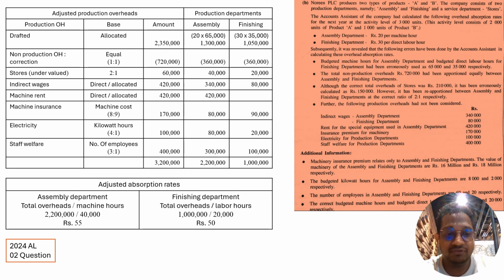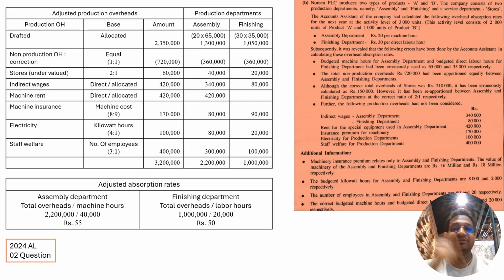And yes, now we have to do the production overhead question, and this is very interesting because this is very different compared to the last years, because here there is an error correction that you have to do. The accountant had already found the assembly department and finishing department absorption rates but that's totally incorrect.